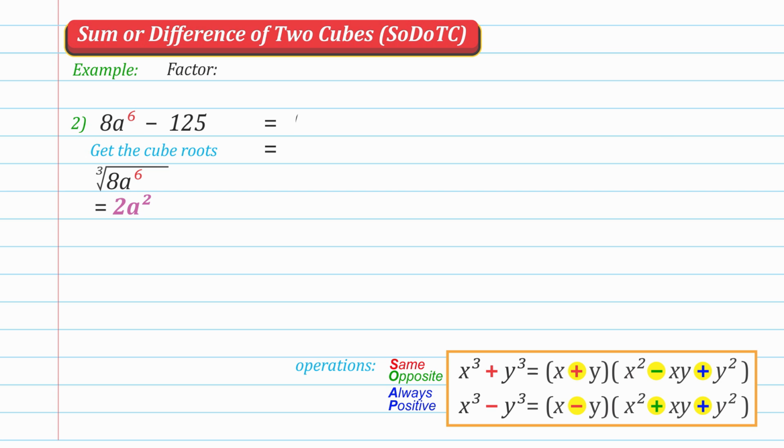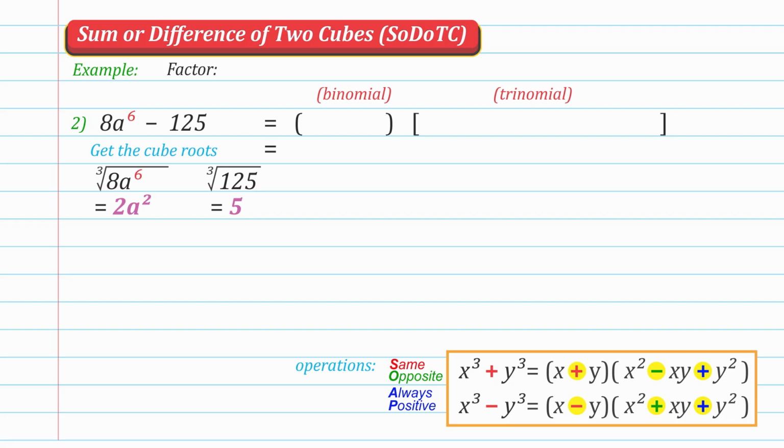We had an example earlier in the video. So, it's actually a squared. First cube root done. Now, for the second cube root, the cube root of 125 is 5. So, this is a difference of 2 cubes. We are thus expecting a binomial and a trinomial as factors.